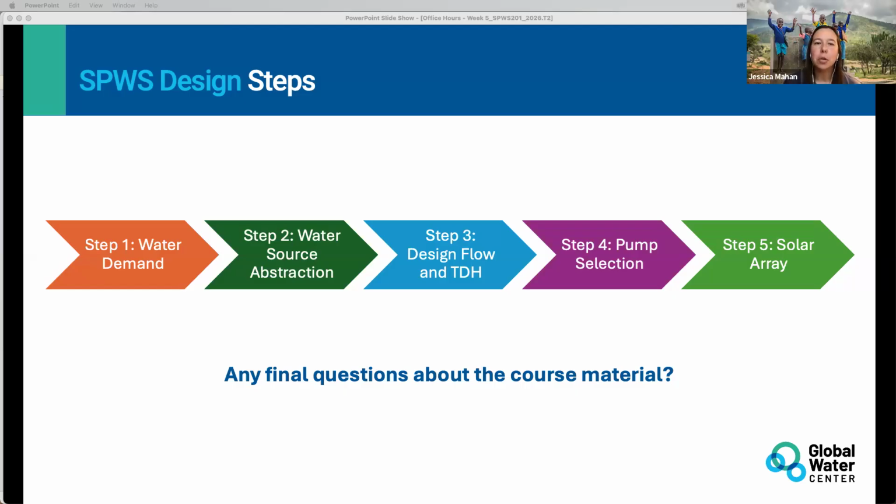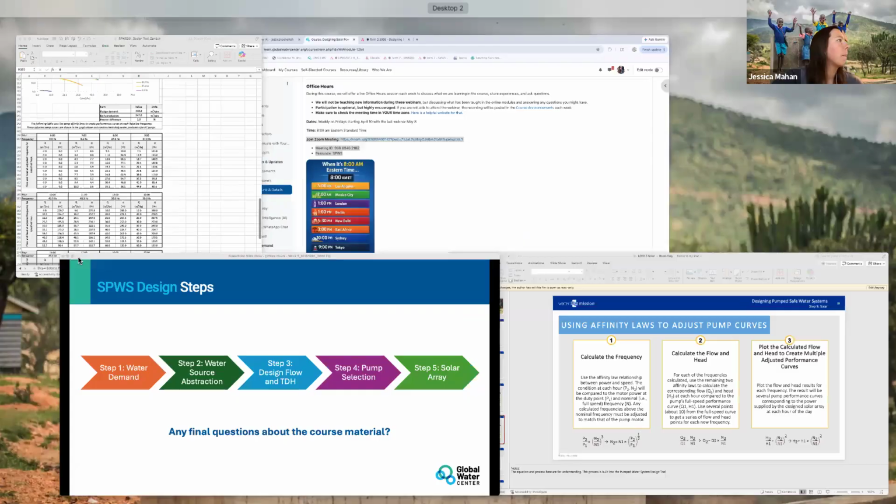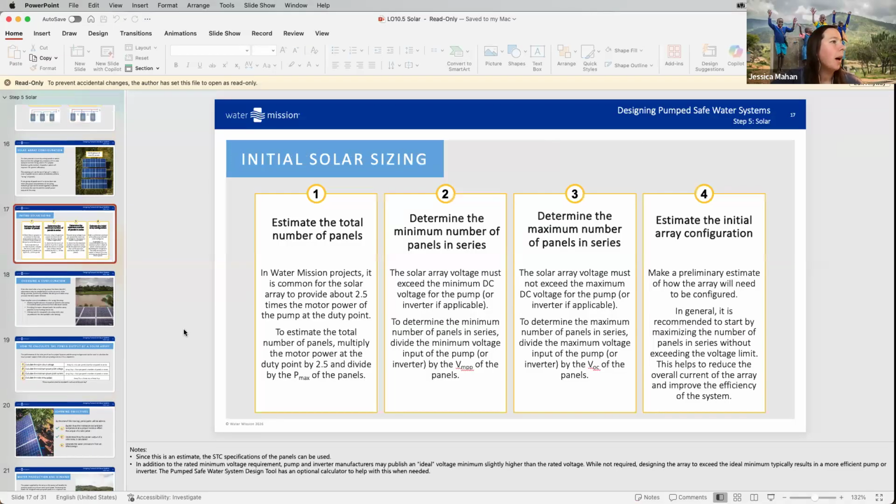I know there's been confusion too about which one you use when you're estimating the minimum and maximum number of panels. And so I would say maybe don't get too caught up in that because those are estimates. And so I always have to remind myself.